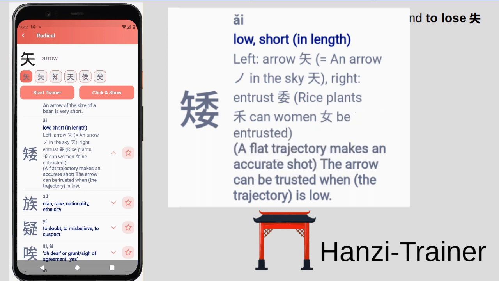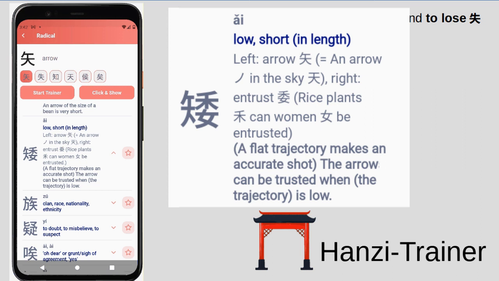If I was interested in getting more information for to entrust, I could go with a double click on the character for low and then to the radical to entrust. But let's come directly to the memory phrase for low or short, and for that we think of the shooting with an arrow.